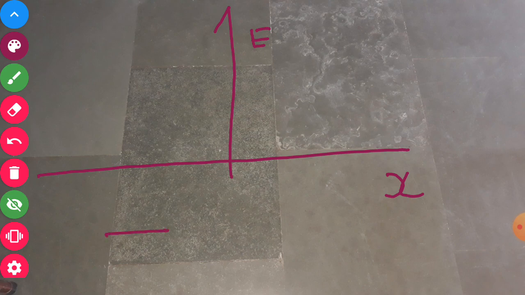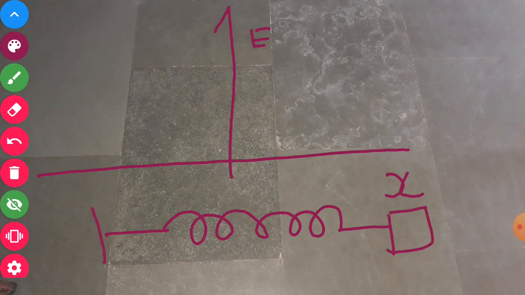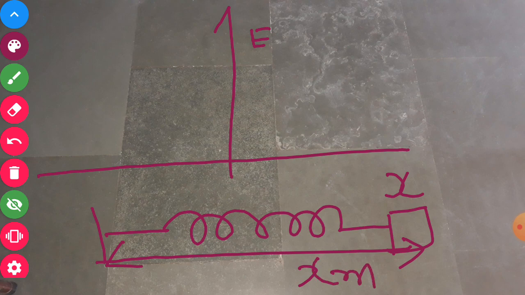First of all, try to understand that whenever the object is released from this maximum position, it will come to its equilibrium position, and then it will move slightly to the other side, and it will oscillate on both sides. It will not directly come to this point and stop; it will be slightly compressed, then it goes to this side, and this way it moves.